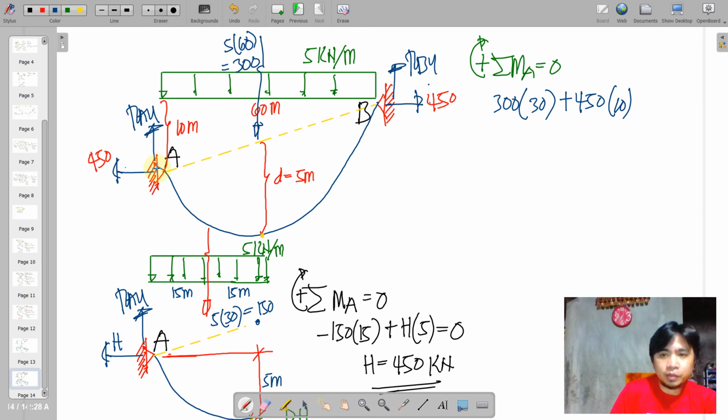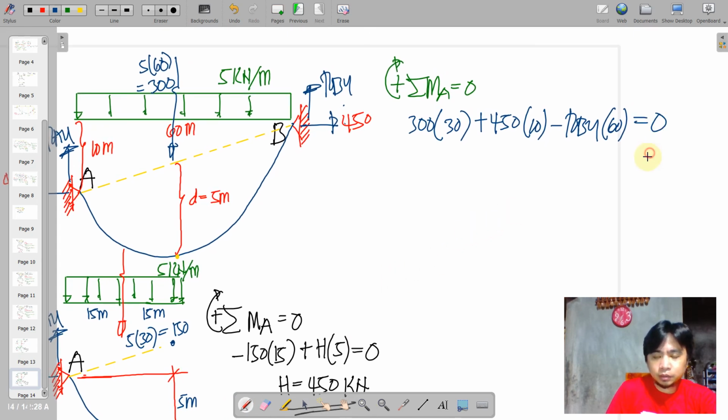And then we have RBY, which would yield a counterclockwise moment, times its moment arm equivalent to 60. And that would equate to 0. So we calculate RBY. RBY will yield 225 kilonewtons. And then we would like to find the other reaction. So again, we take moments at the other support.